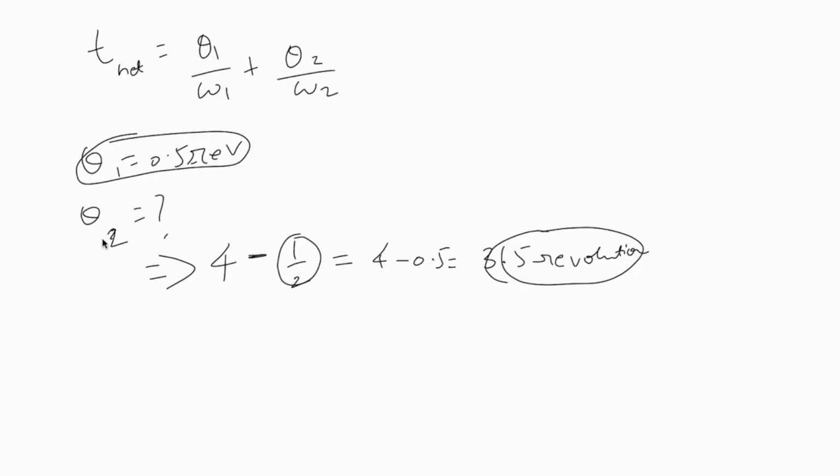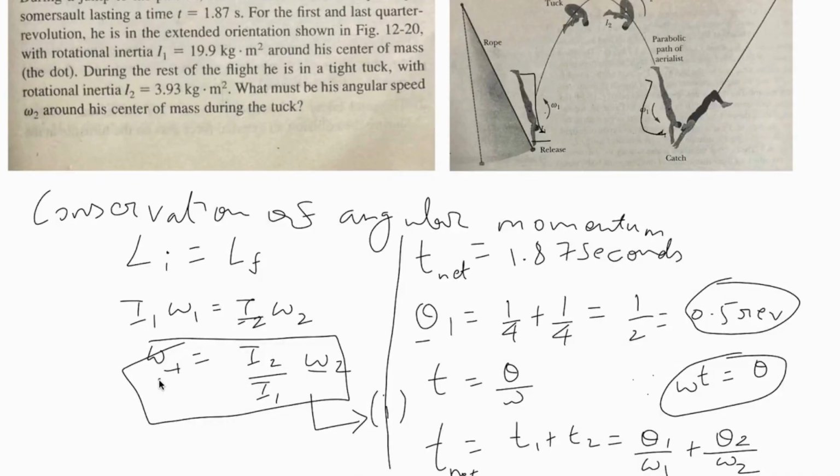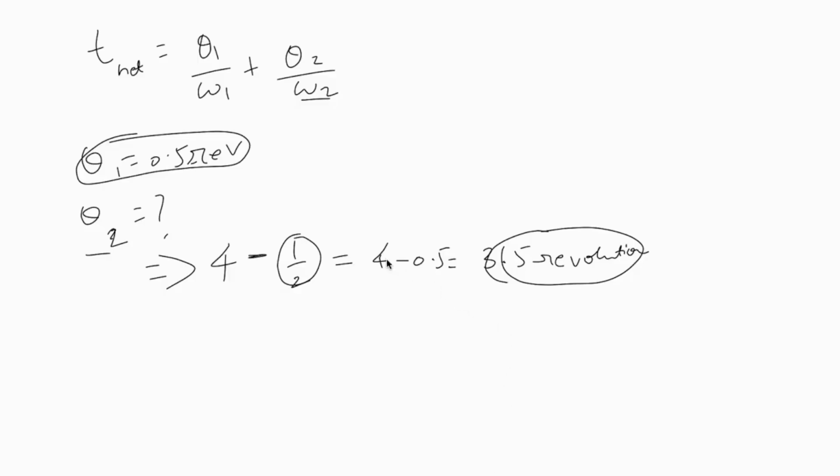Good. So now I have found theta 1 and theta 2. My goal is to calculate omega 2. And in the first equation, which we calculated initially, omega 1 equals I2 by I1 into omega 2. Now I substitute that in our main equation. So I put t net as t.